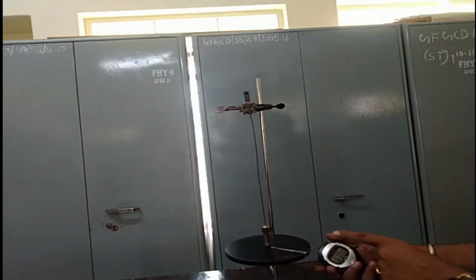The restoring force gives the oscillations to the body. Now we have to find the time taken for 10 oscillations. A chalk piece is marked right here, and whenever the chalk mark comes nearest to this stop clock, I will start the timer.